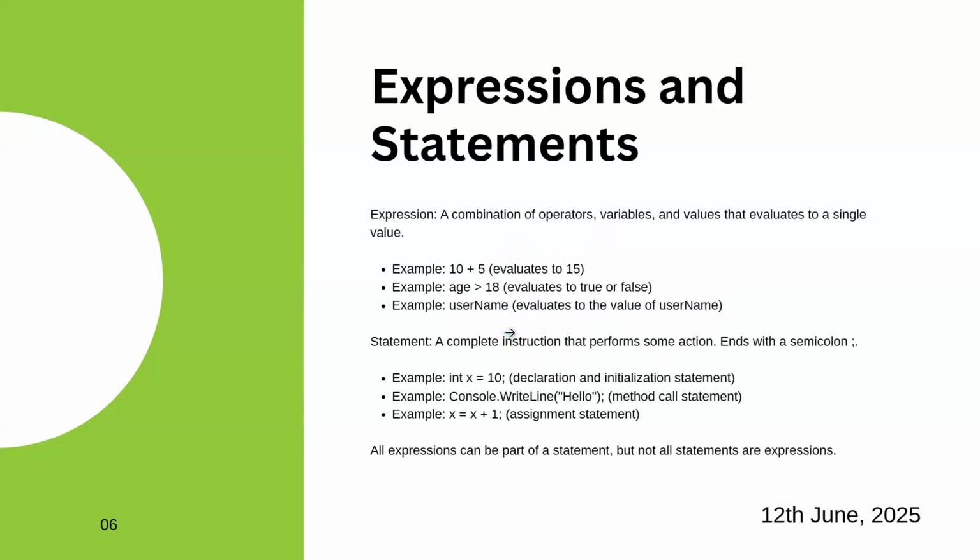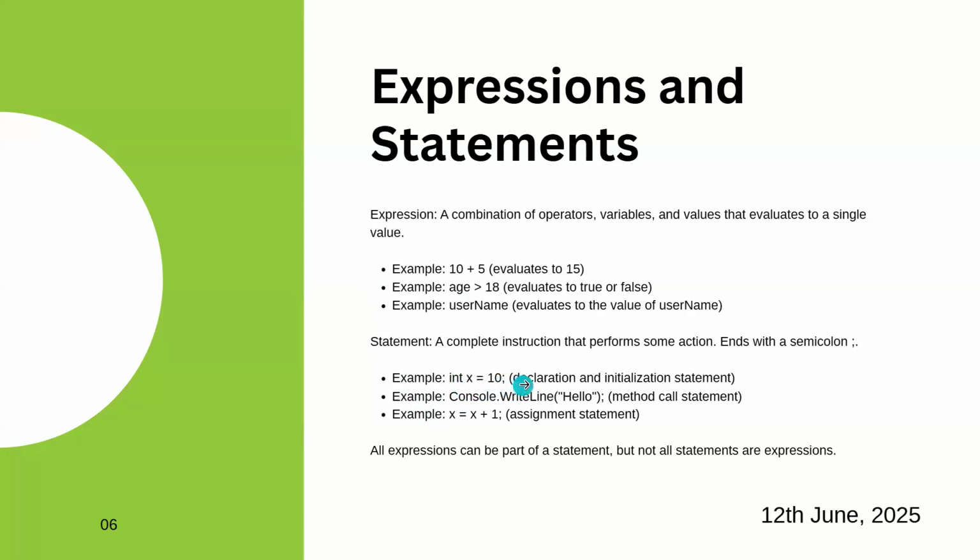While a statement, on the other hand, is a complete instruction that tells the computer to perform some action. In C sharp, every statement must end in a semicolon. Popular statements include declaring a variable, int x equal to 10.